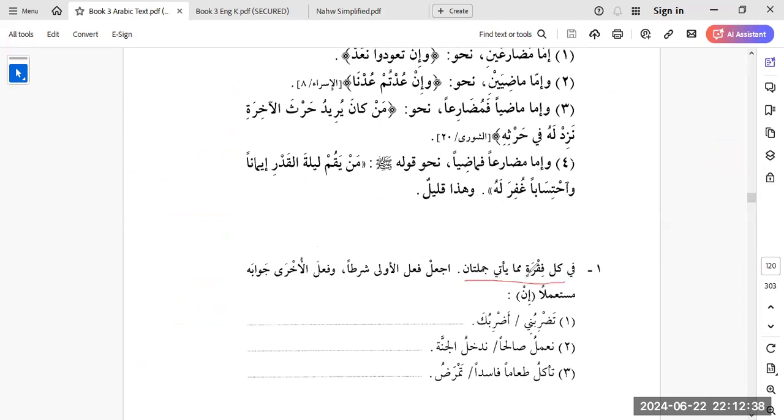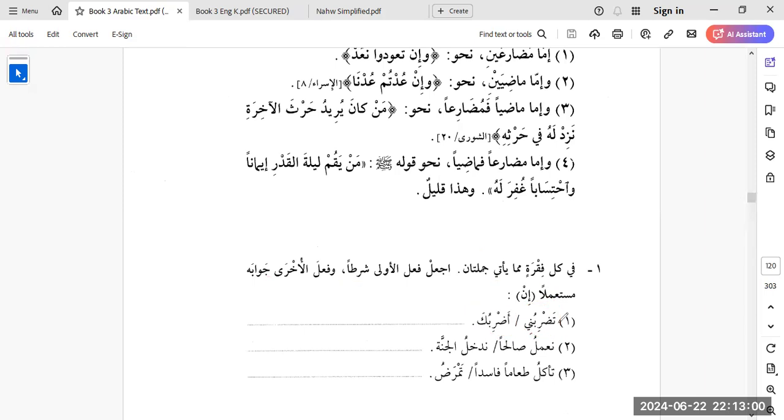In all of these there are two sentences. اجعل فعل الأول شرط. The first one is going to be the shart, وفعل الآخر جوابه. The other one you're going to make the jawab ash-shart, using in. All right, so try to do this exercise.